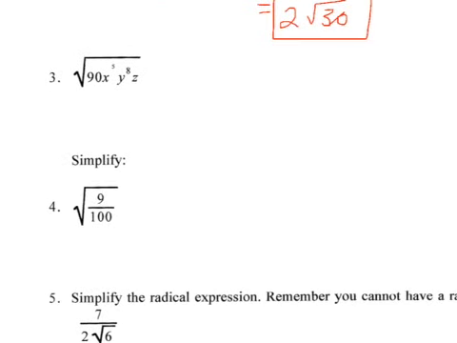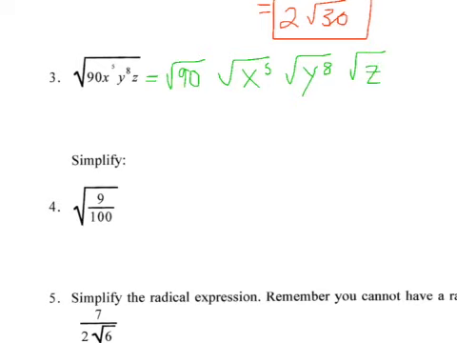The square root of 90x to the 5th y to the 8th z. So if we have numbers and variables together, what we want to do is first split everybody up. So we're going to simplify the square root of 90, simplify the square root of x to the 5th, simplify the square root of y to the 8th, and the square root of z.